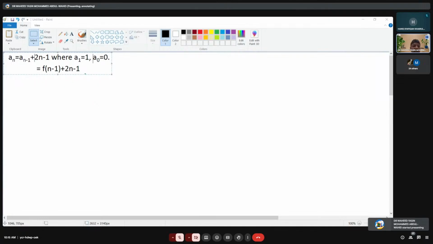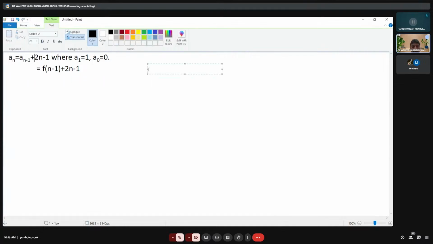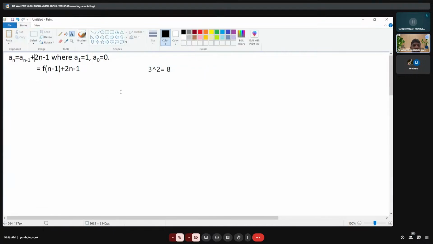So here we assume n power 2 equals 3 power 2, equal 8. Let me use this recursive. So here n equal 3.